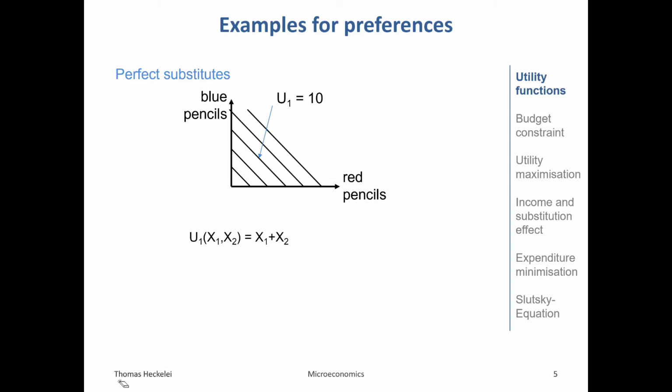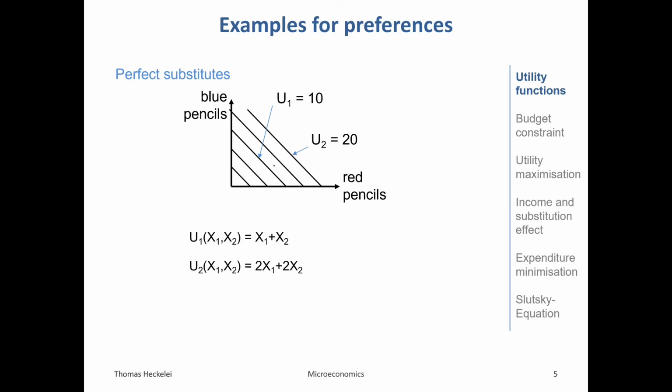So the utility function in this case can be written as U1 equal X1 plus X2, the total number of pencils. So what happens now if, for example, we double the number of pencils? It will become U2 equal to X1 plus 2X2.